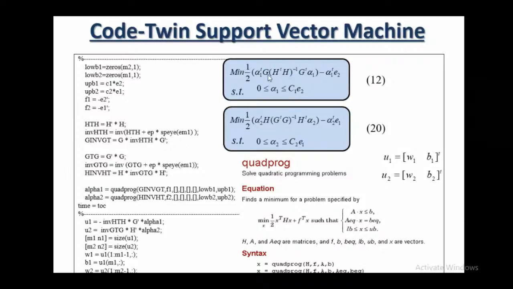It's a simple thing. You already know H transpose H, so I assume this is H transpose H. The inverse of H transpose H is given by this one, and G inverse transpose G, G transpose, is given by G H transpose H inverse G transpose. So this whole term is nothing but your H, and at the same time your F1 is nothing but minus E2 transpose. If you compare this to this one, you will get F1.